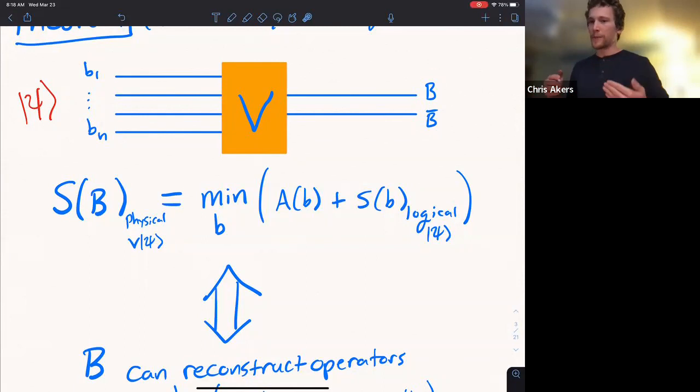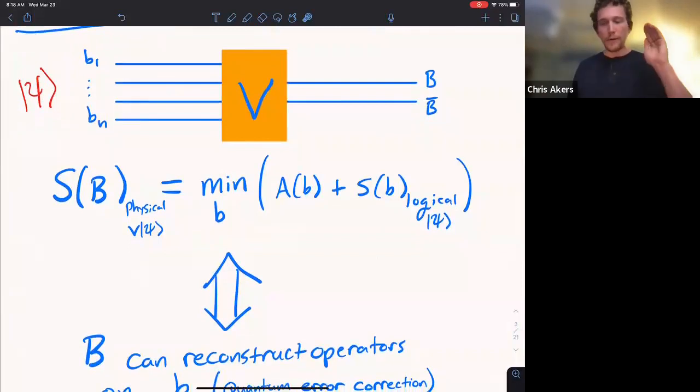That's kind of what you expect from the Ryu-Takayanagi formula, where the entanglement of some boundary subregion is given at leading order by this area over 4G Newton, even though that area over 4G Newton is not part of the von Neumann entropy of any bulk subregions. It's part of the generalized entropy, but not the von Neumann entropy.